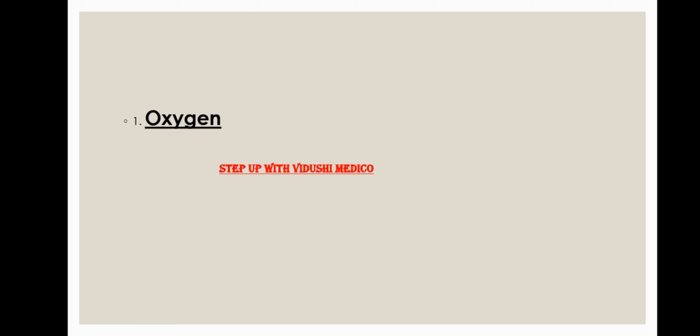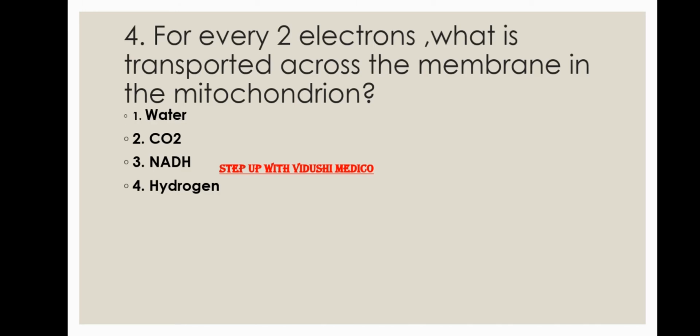Now let's move on to another question, that is question number 4. For every 2 electrons, what is transported across the membrane in the mitochondrion? Options: water, CO2, NADH or hydrogen. Now this is a quite complex question. Take time, think and then answer.